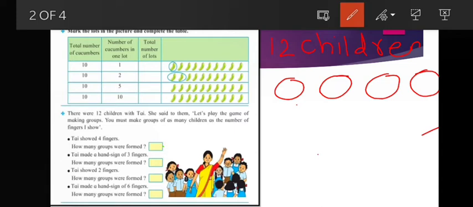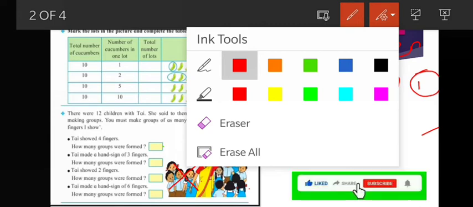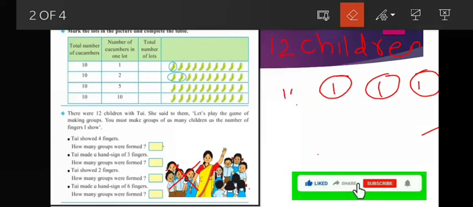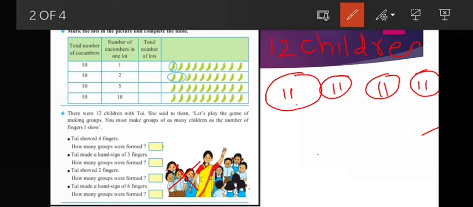Now how many children will be there in these groups? So there are 12 children, right? So 1, 2, 3, 4. So 1, 2, 3, 4. These are done. Now 1, 2, 3, 4. So again 1, 1, 1, 1. Even these 4 are done. Now remaining 4.